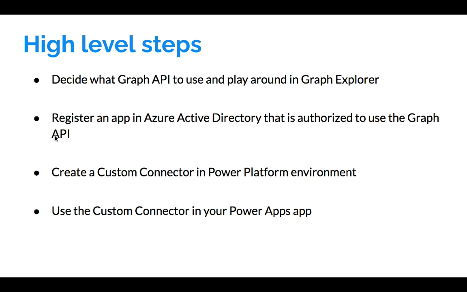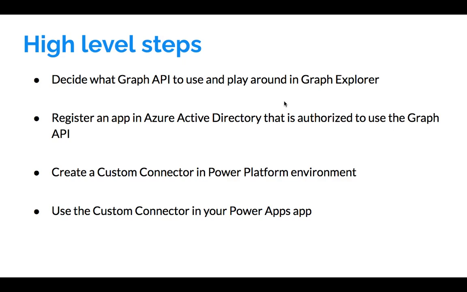The next step is you have to register that app in Azure Active Directory, and I'll talk more about why you have to do it. But at a high level, registering an app in Azure Active Directory allows this app to use the Azure Active Directory identity platform. These Graph APIs happen to be APIs that use Microsoft identity, so your Microsoft account ID.